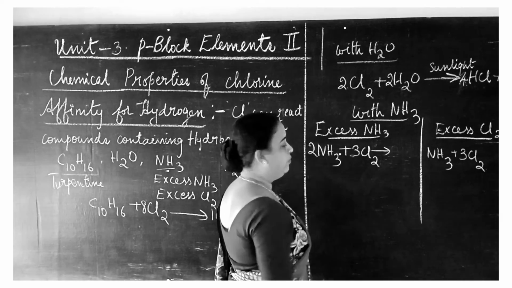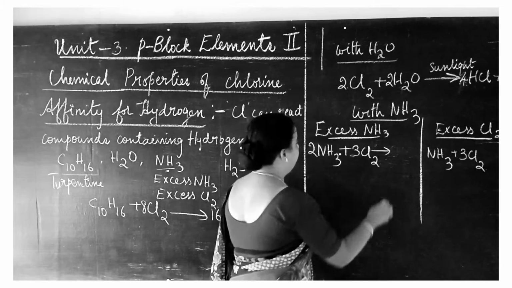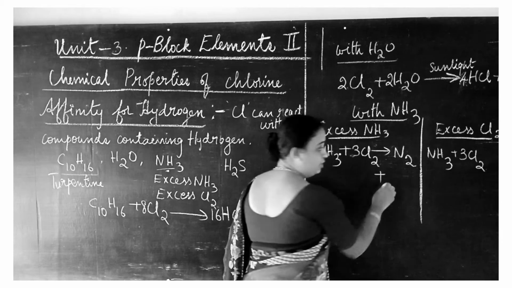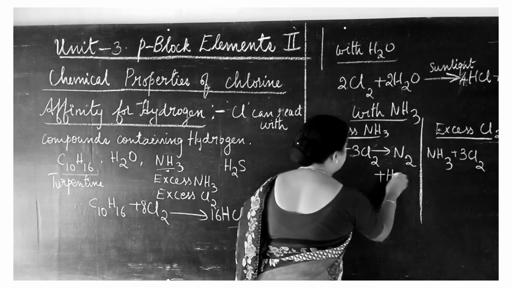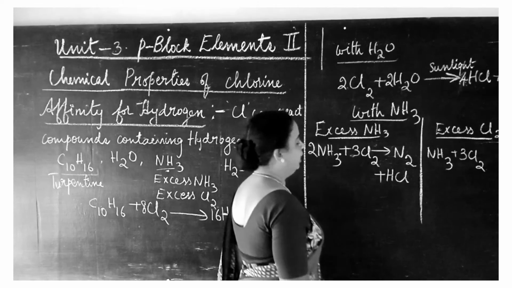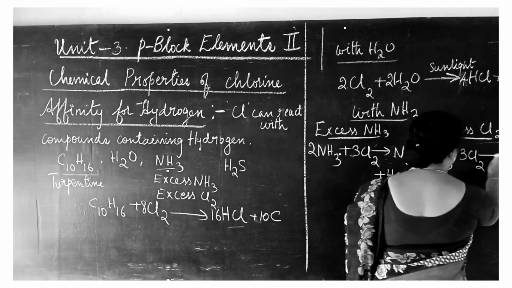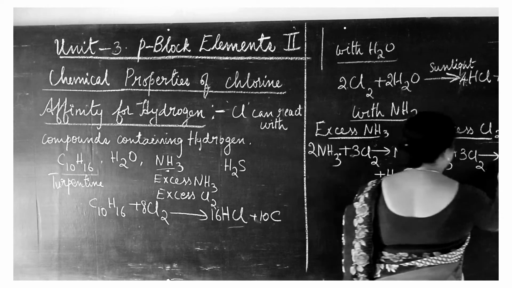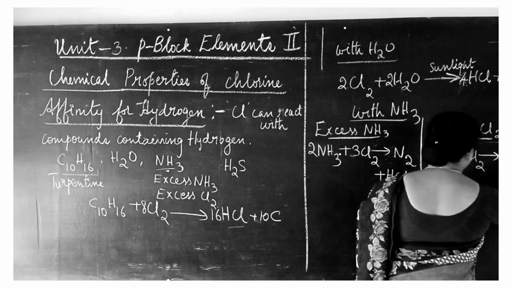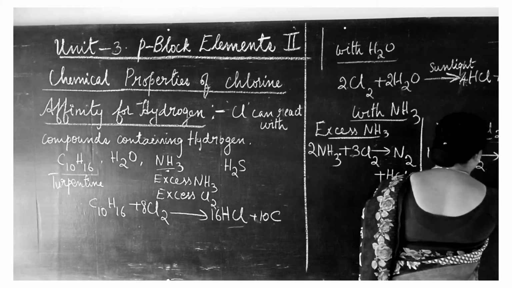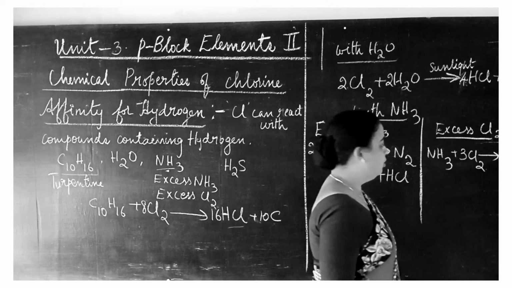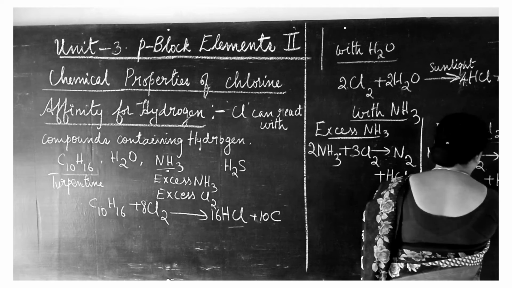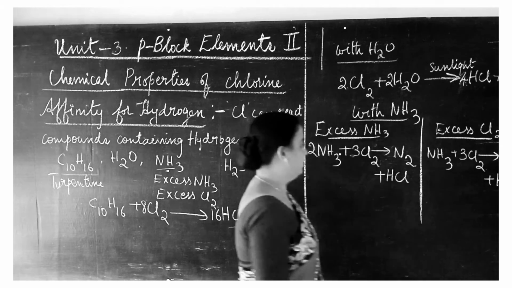When ammonia combines with chlorine we get 2 products: dinitrogen gas and HCl. Likewise here also ammonia combines with chlorine and we get 2 products: NCl3, nitrogen trichloride, and HCl.